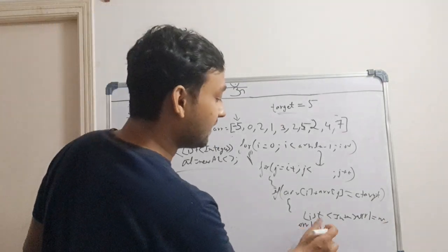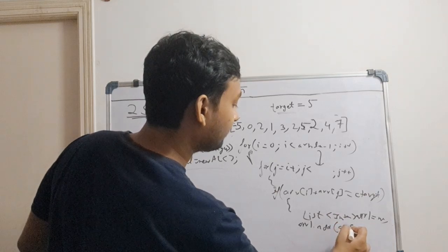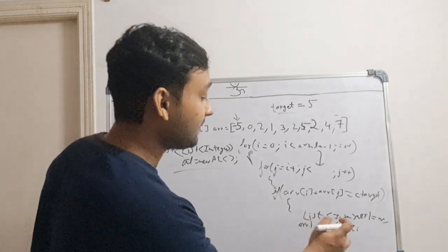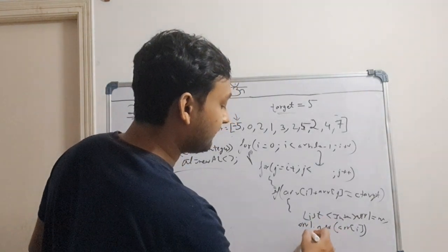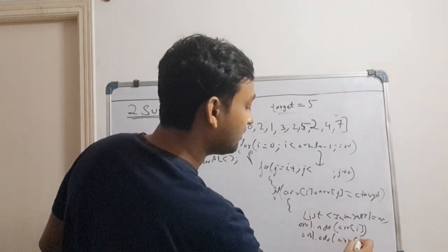So I do arr1 dot add arr of i, and similarly arr1 dot add arr of j.